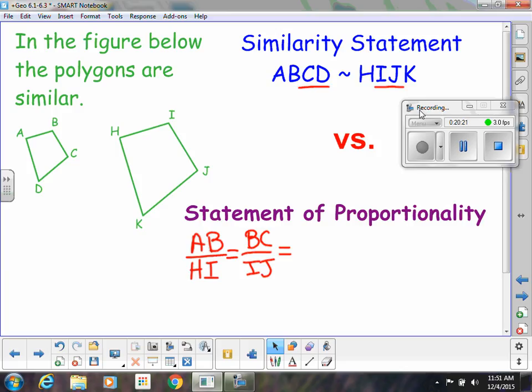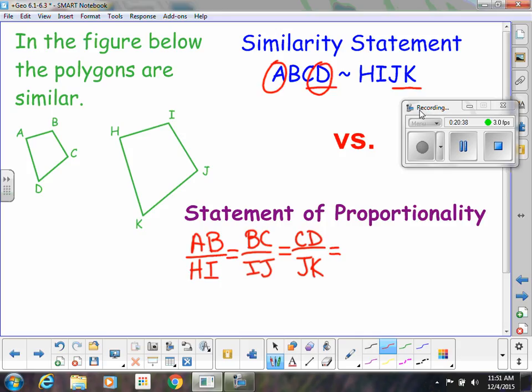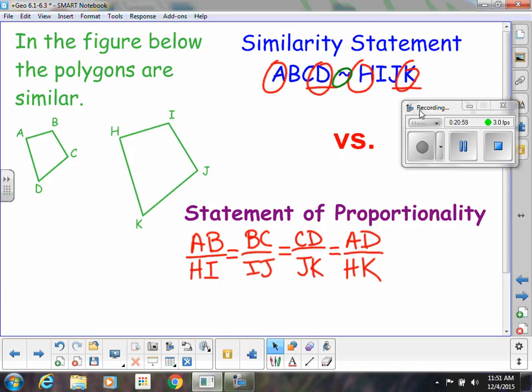And then CD and JK. And then finally, I'm going to do the first and last, A and D, and then H and K. Okay, so that is a statement of proportionality. Statements of proportionality have proportions in them, whereas a similarity statement has this similar squiggle symbol. So that's some terminology I need you to use.